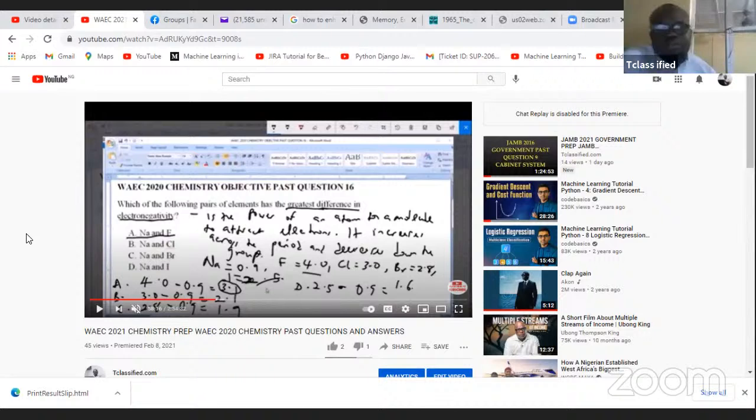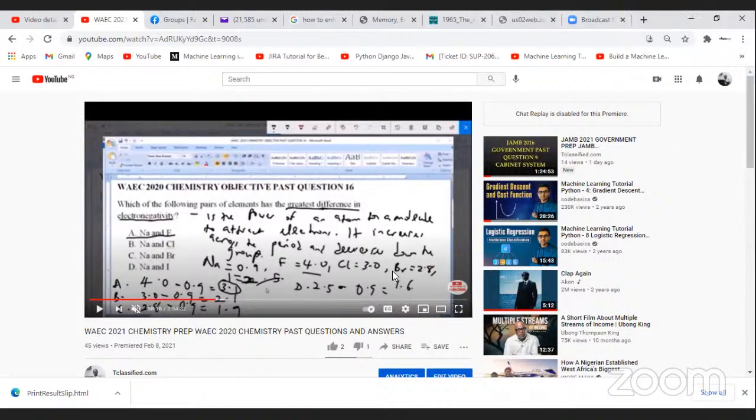Okay. So if you check through the textbook, the value of electronegativities for the different elements: this for sodium, this for chlorine, for bromine.